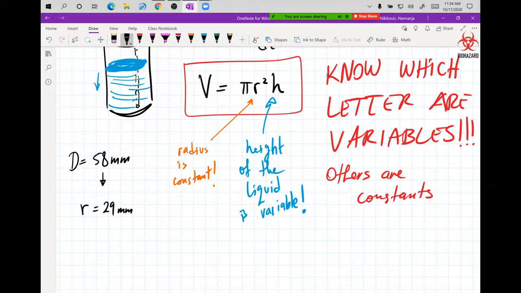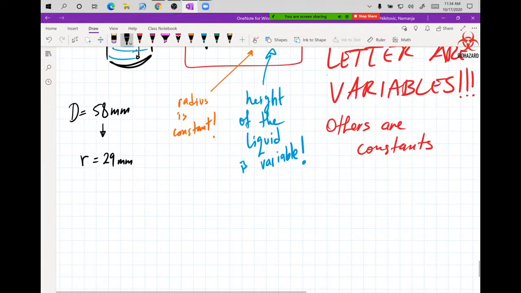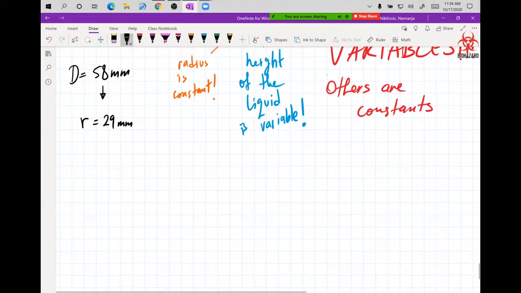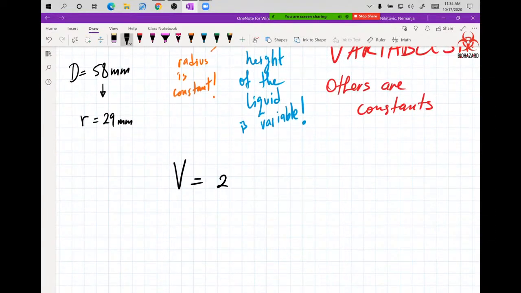Now, I'm just going to call that 30 millimeters. Yeah, whatever. Doesn't matter. 29 is fine. All right, so now I have the volume is equal to pi times 29 squared and then height.